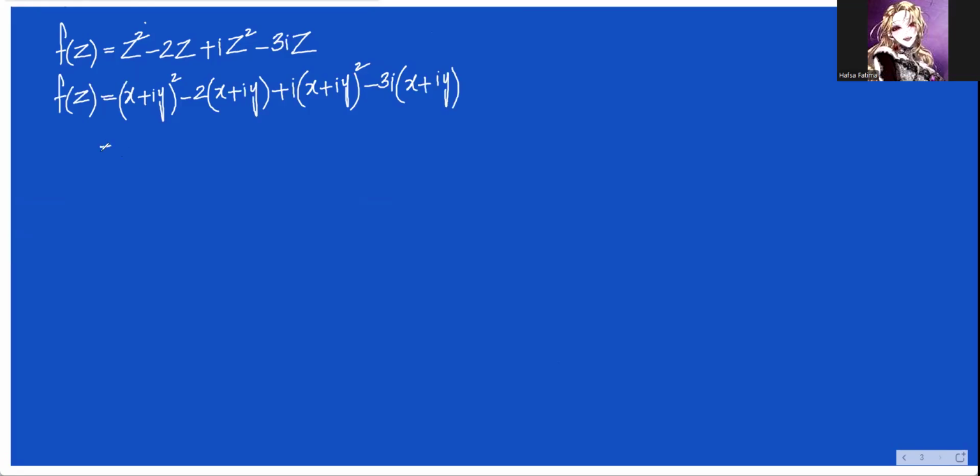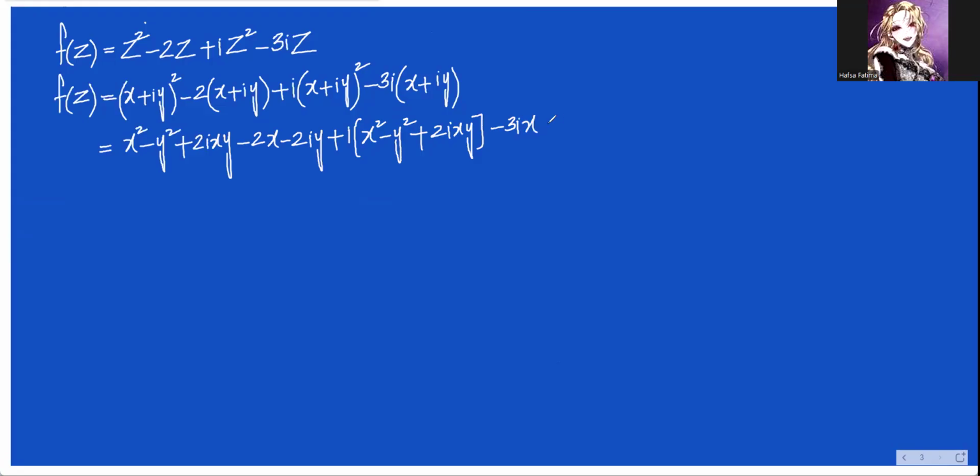Expanding, a square plus b square plus 2ab, again minus 2x minus 2iy, plus i into a square plus b square plus 2ab, and then again minus 3ix, and i square is minus 1, plus 3y.